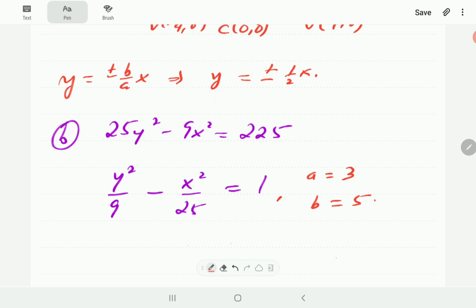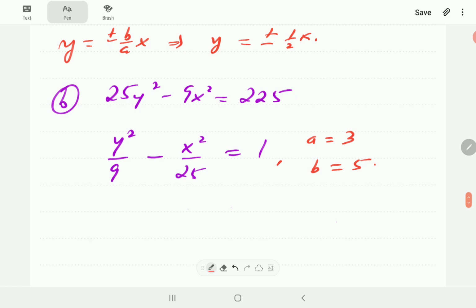Notice that a is bigger than b, but there's nothing that says this cannot happen in the case of a hyperbola. Then we can find c. c is going to be the square root of the sum of the two of them: 9 plus 25, which is 34.